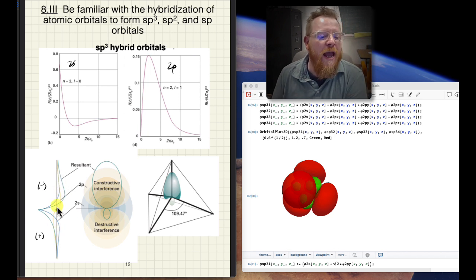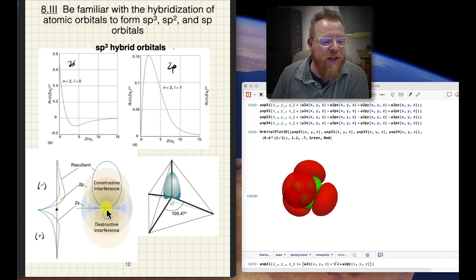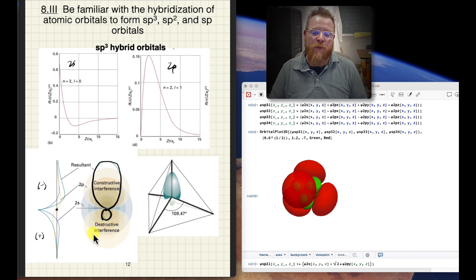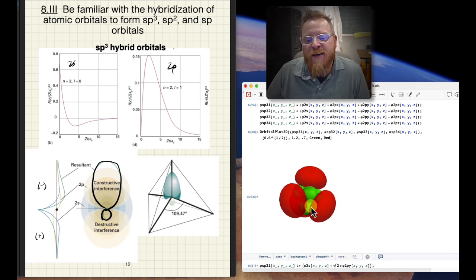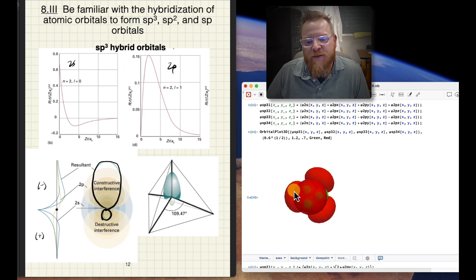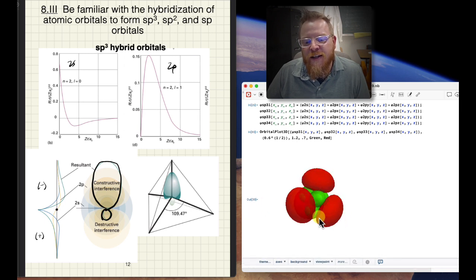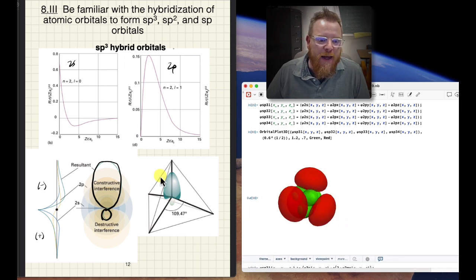So what we end up with is a region where there's predominantly constructive interference, giving us this larger lobe shape, and this region where there's destructive interference, giving us that smaller lobed shape. And that's what we can see on my picture right here. That green area is where there was destructive interference. The red area is where there's constructive interference. And there we go. You can see that famous 109.5 bonding angle.